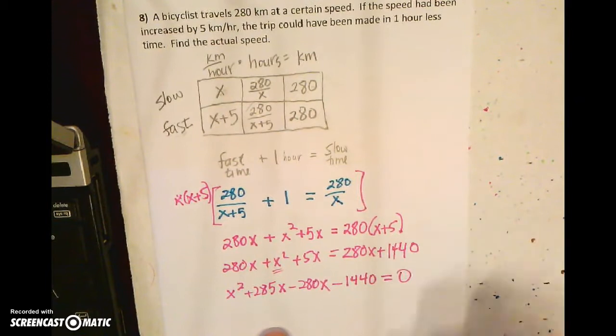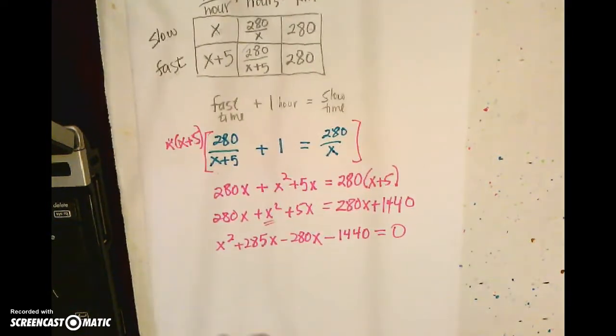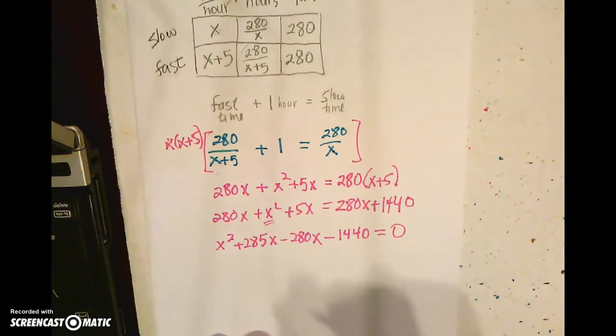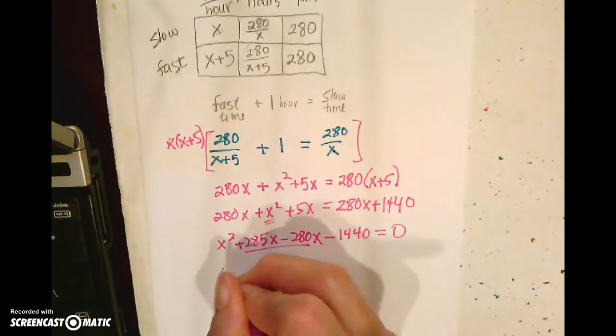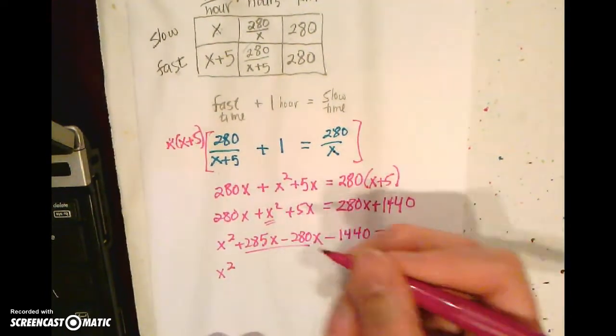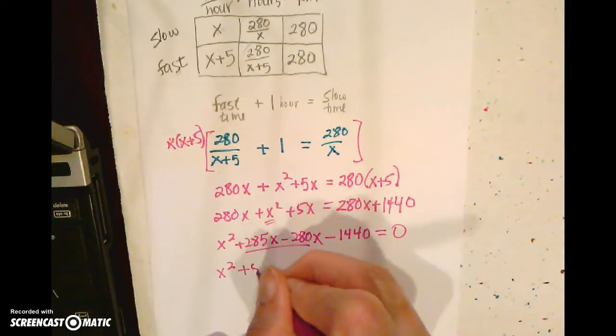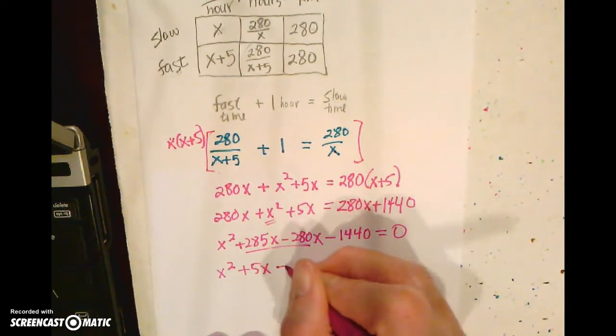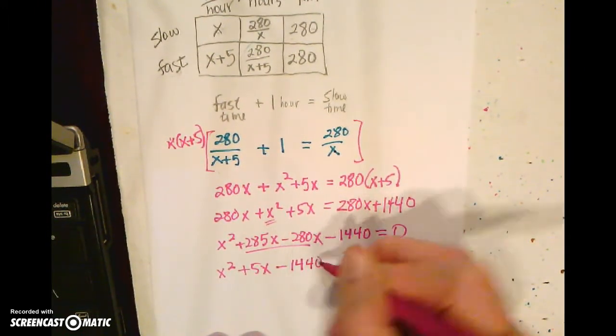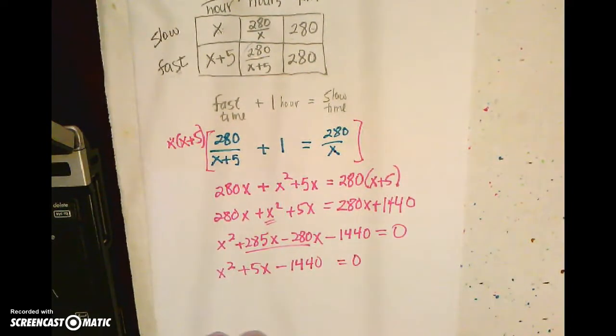And I'm left with just what I want, a 0 on the right side. So let's combine like terms, and I get x squared plus 5x minus 1,440 is equal to 0.